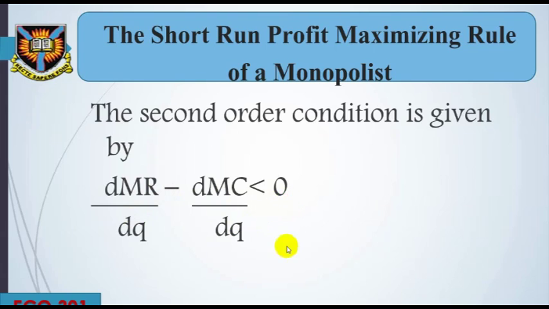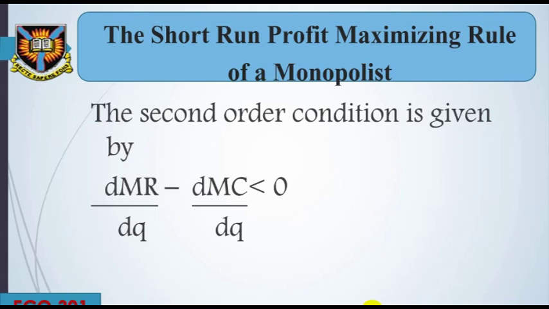Numerical examples. 1. Given a monopolist demand curve as P is equal to 100 minus 2Q and C is equal to 50 plus 40Q, find the profit maximizing output, price and profit at that level of output. The profit rule for a monopolist is given by MR is equal to MC. TR is equal to PQ is equal to 100Q minus 2Q squared.